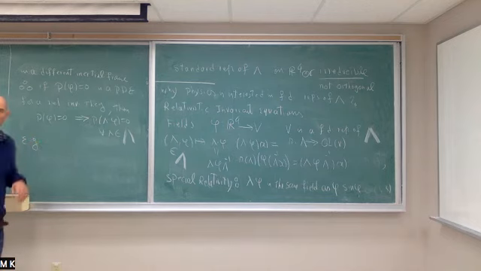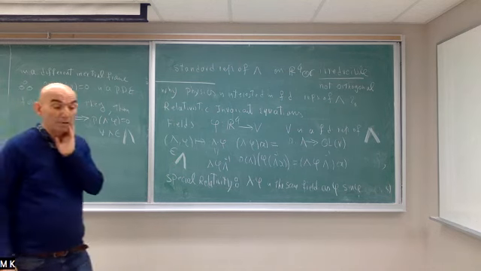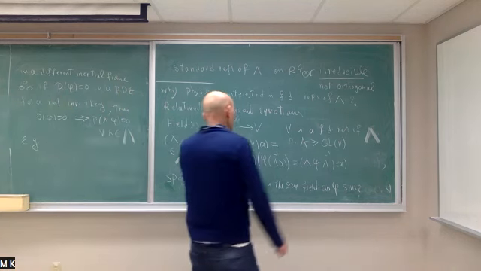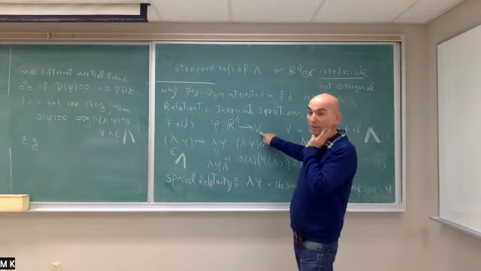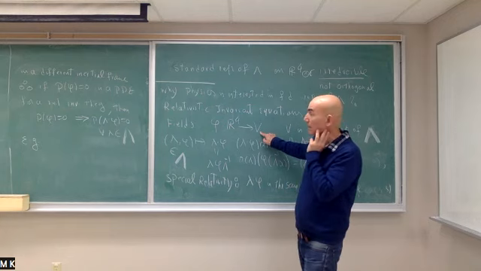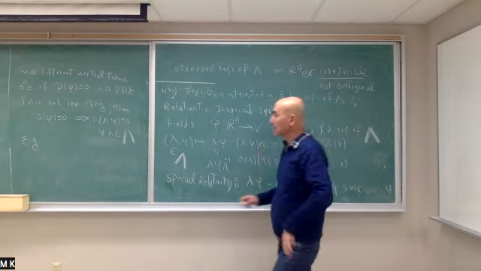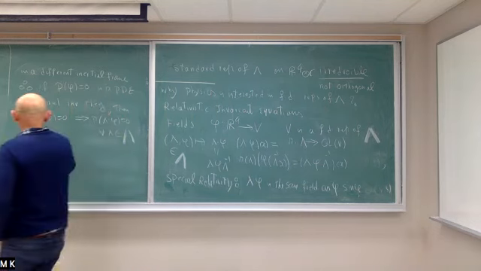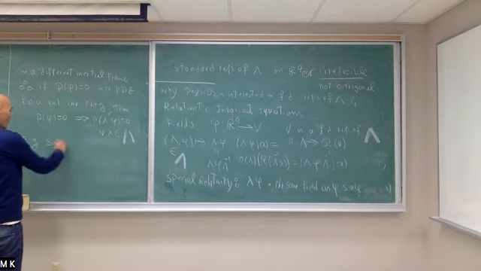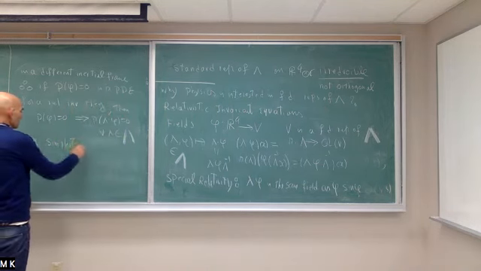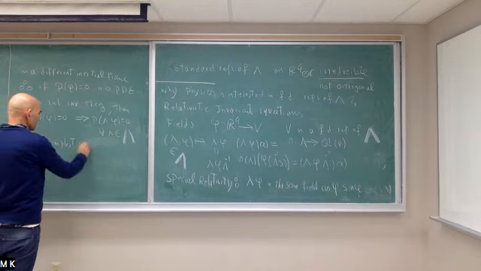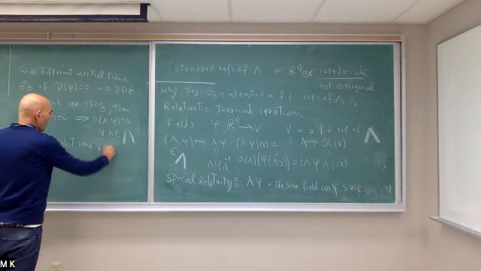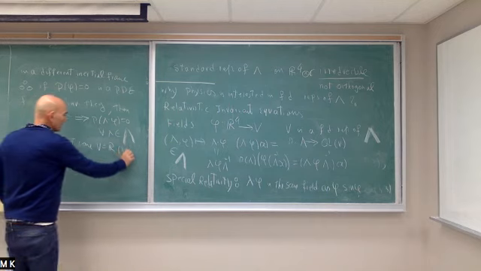Well, let's look at the simplest case. The simplest types of fields are where V is R or C. These are scalar fields, right? So the simplest example is V equal to R. This is a real scalar field.